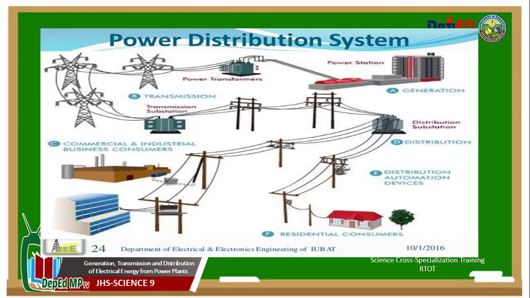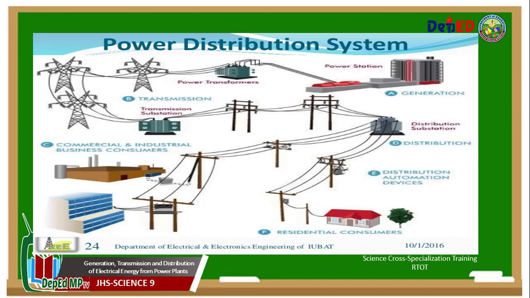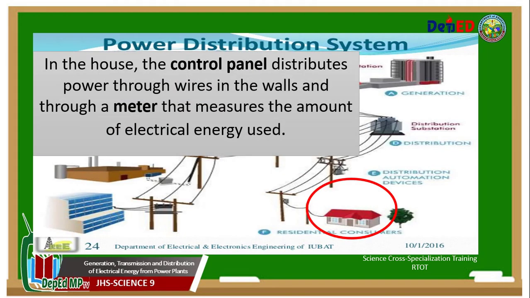Then it will go to the service drop wire. The service drop wire provides a path for power from the distribution pole to the house or to the consumer. Next, in the house, the control panel distributes power through wires in the walls and through a meter that measures the amount of electrical energy.